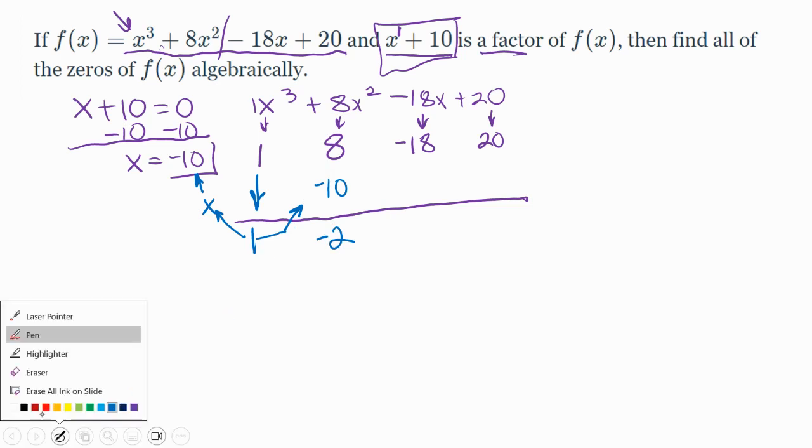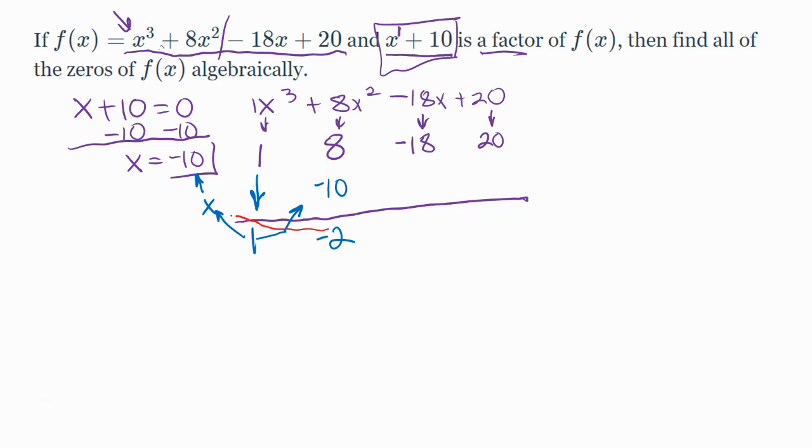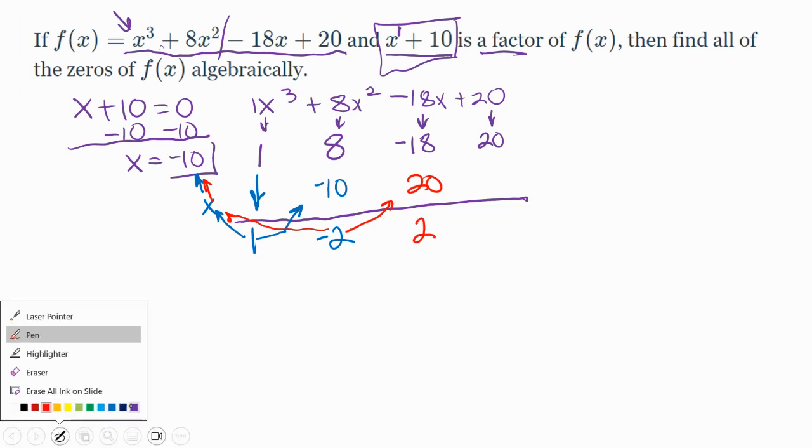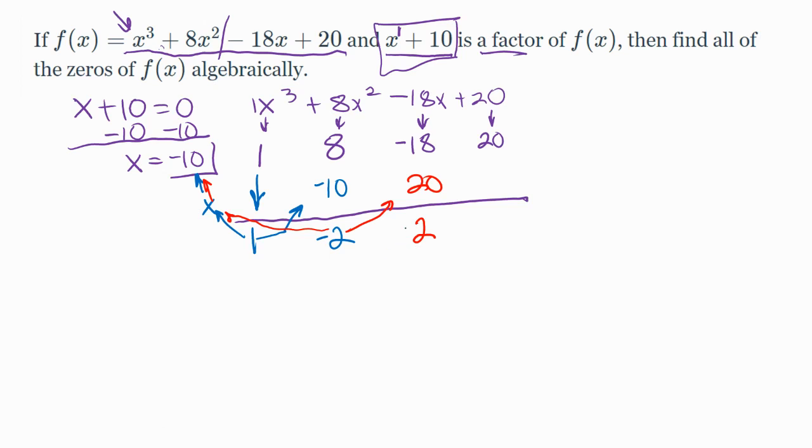And then we repeat the process. Negative 2 times negative 10 should give us a positive 20 underneath the next one. And then we add there, get positive 2, and then repeat. We go over to the negative 10, and that's going to give us a negative 20. And as expected, we get a result of 0.